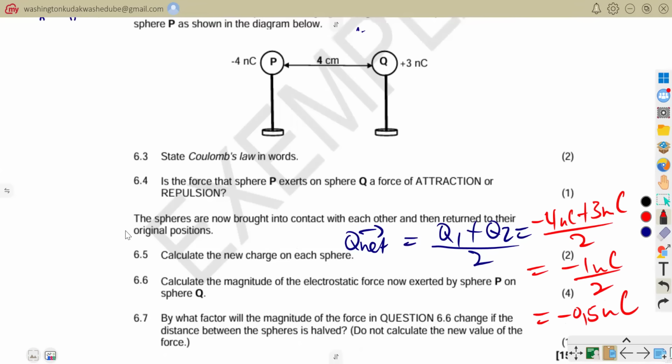And this can actually be represented as what? It can either be negative 0.5 times 10 to the power negative 9, or else negative 5 times 10 to the power negative 10. It's just the same thing.